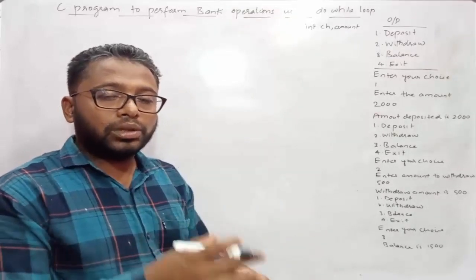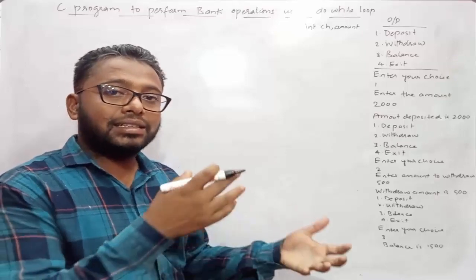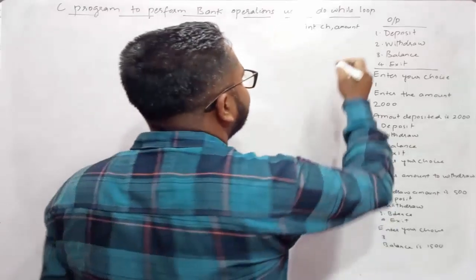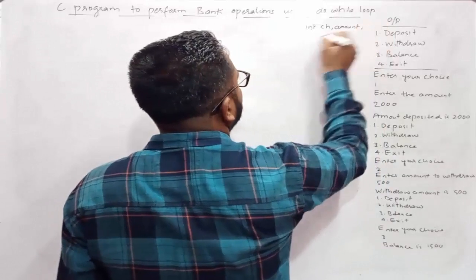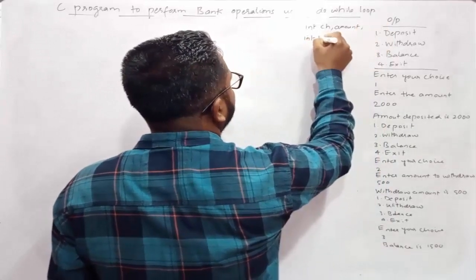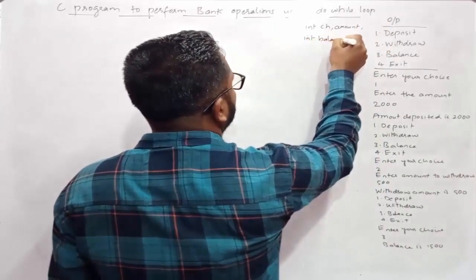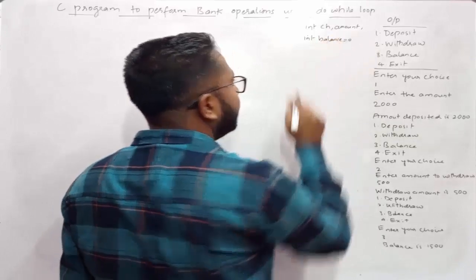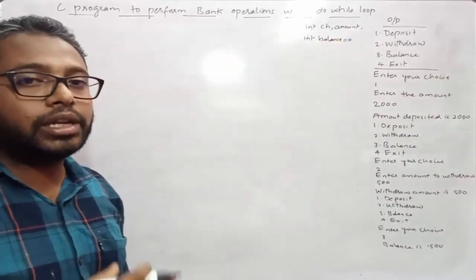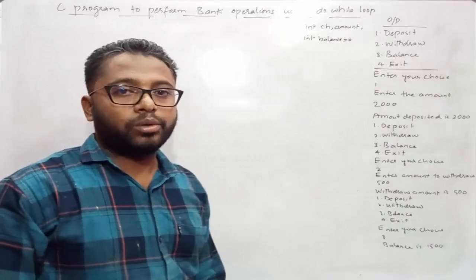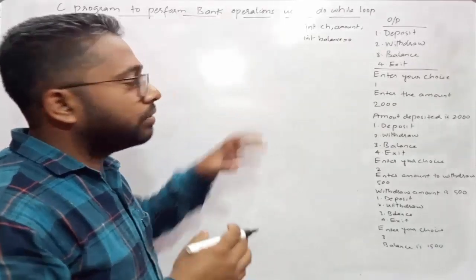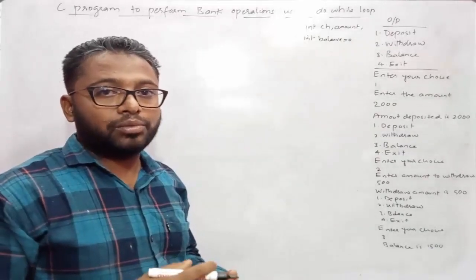And we need to store that value inside the balance variable. That's why we need to create one more variable with the name balance, and we need to set the initial amount of the balance variable to 0. So these are the variables which are required for us in our program.